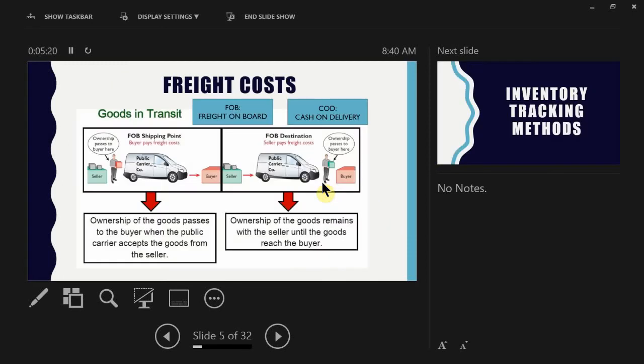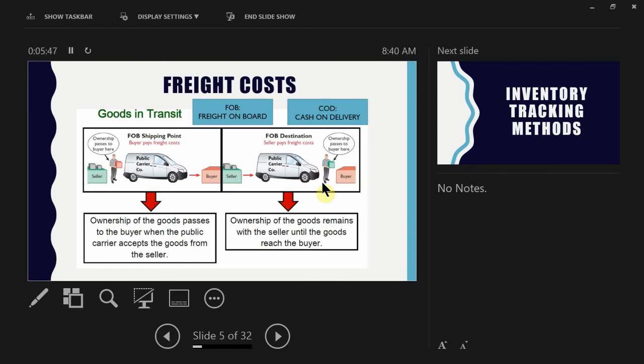Now I'm going to talk to you about how shipping or freight on board actually works. This is kind of important in respect to who has ownership of the asset and how the ownership gets transferred from one owner to another. Okay.